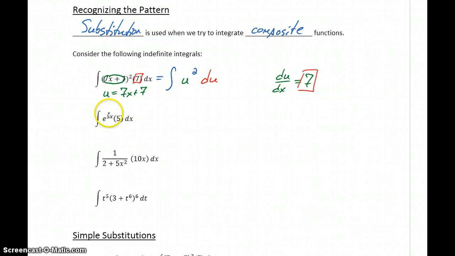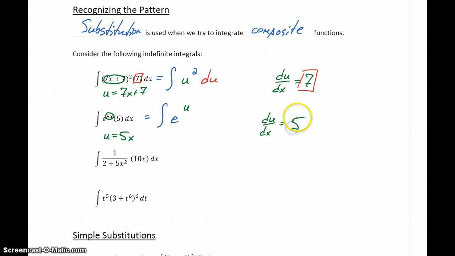In our second example, we've got e to the 5x. So 5x is that interior function. If we replace u with 5x, we'll be able to rewrite this as the integral of e to the u. And then again, we can look at the derivative of that substitution statement, which in this case would just be 5.